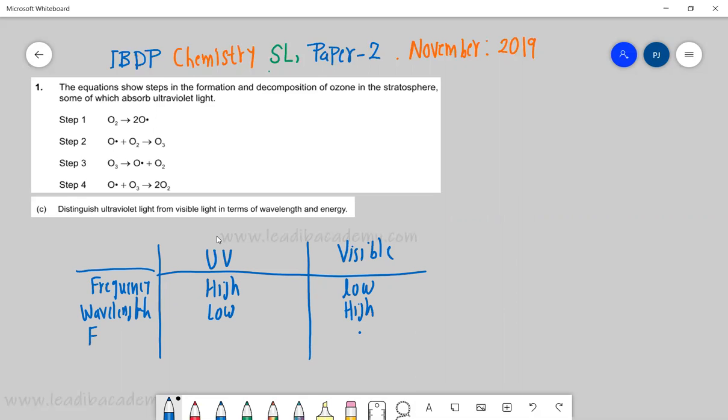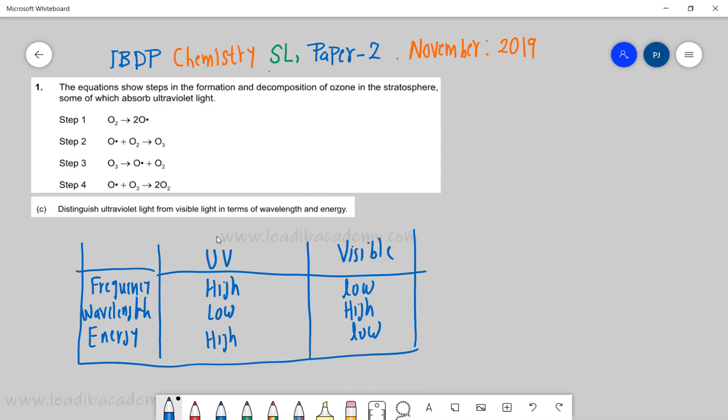In terms of energy, we should be aware that energy depends on frequency. So the higher the frequency, the higher the energy. That means high energy for UV, low energy for visible. Very simple. Because of this higher energy, ultraviolet radiations are more harmful. Ultra means above the violet.